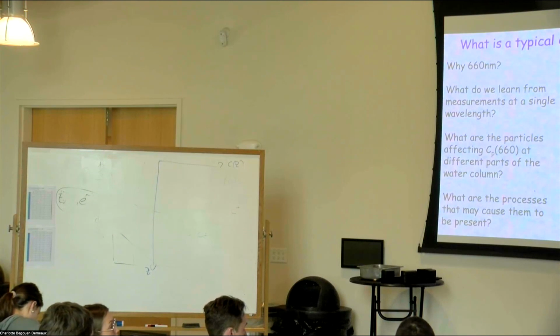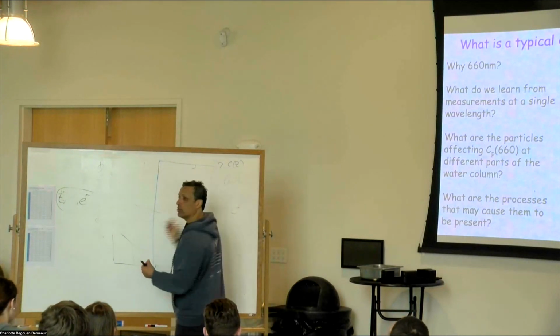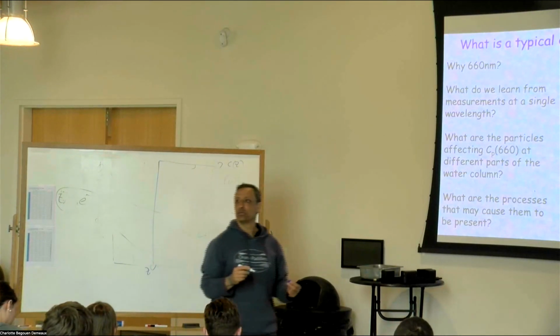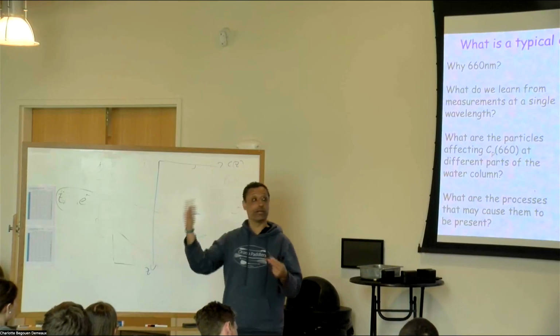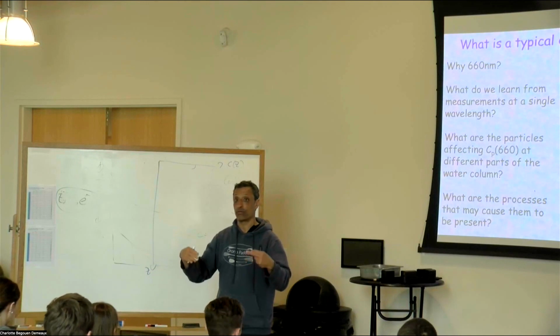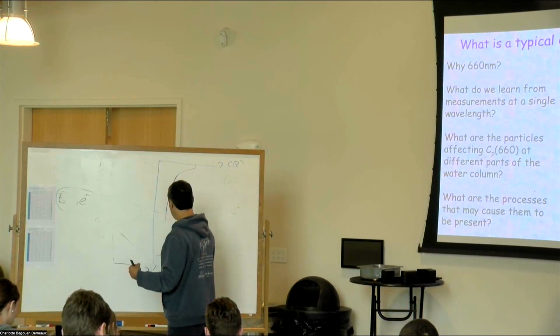Where do we have more material, in the surface? Okay, so at the surface I expect it to be higher. And why do we have more material at the surface in the ocean? Because that's where there's light fueling the particles, so I have it high, then it's going to go low. And then what happens when I get close to the bottom?